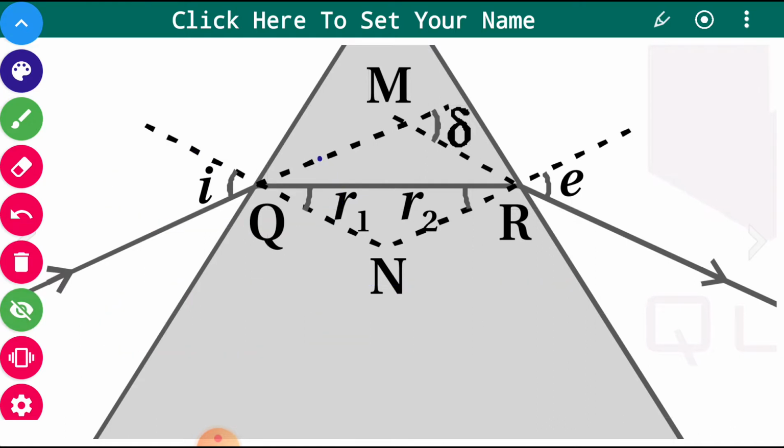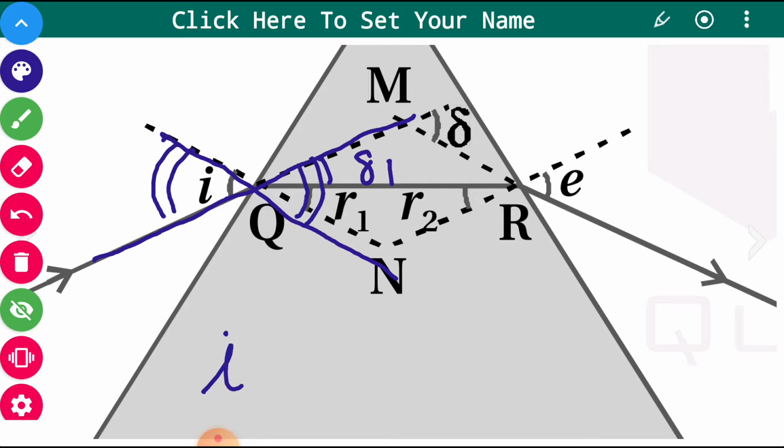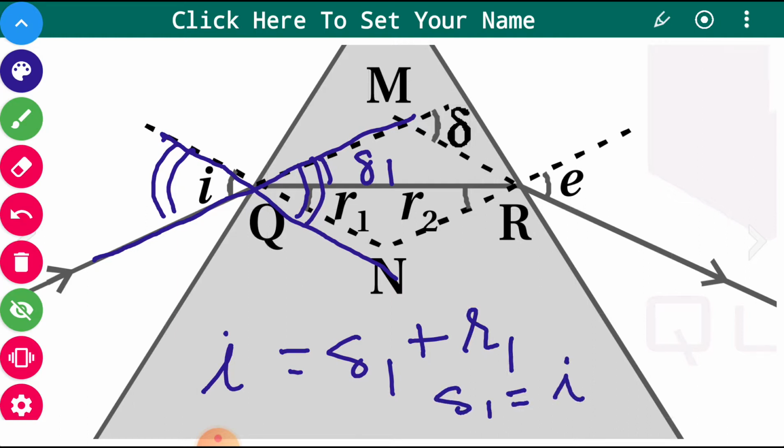These two are vertically opposite angles. So you can see I is equal to delta 1 plus R1. So delta 1 can be written as I minus R1.